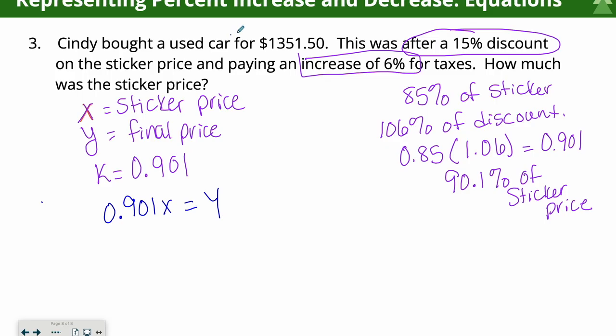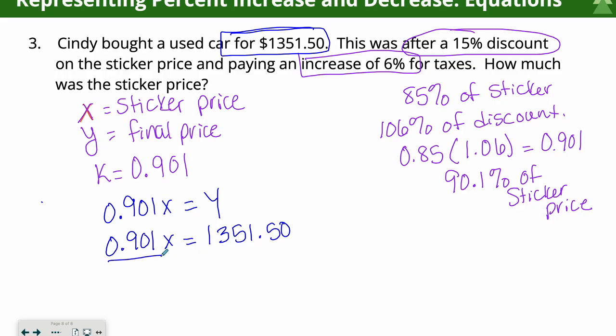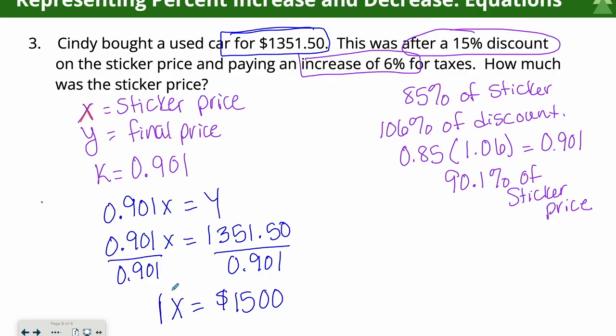In this case, I don't know the sticker price. That's what I have to find. I know the end price, which is my y value. So I'm going to put $1,351.50 in for y. Divide both sides by 0.901, and we find that x is $1,500. So that was the sticker price, $1,500.